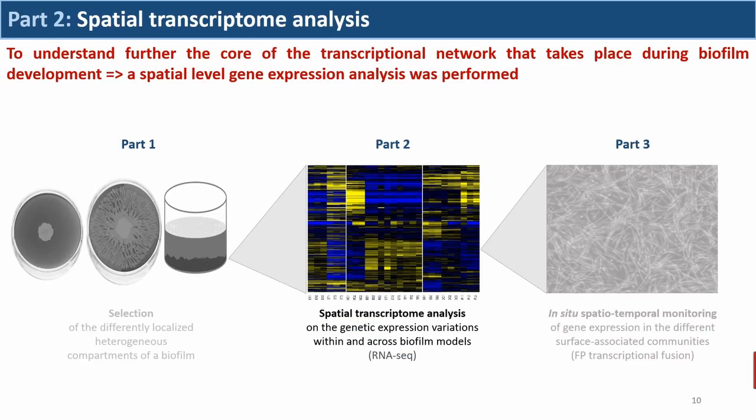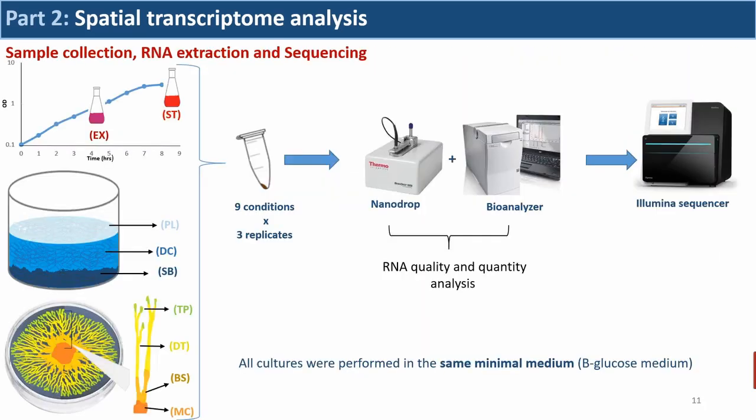Now, in order to go further and understand the core of the transcriptional network that takes place during biofilm development, spatial-level gene expression analysis was done. After this selection, we finally had 9 different conditions with 3 biological replicates.